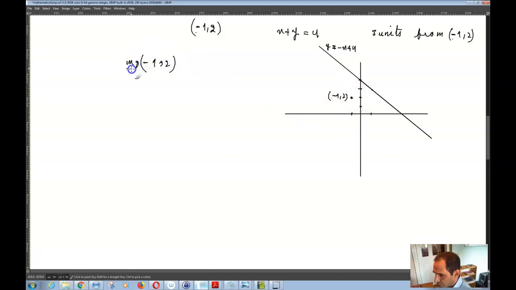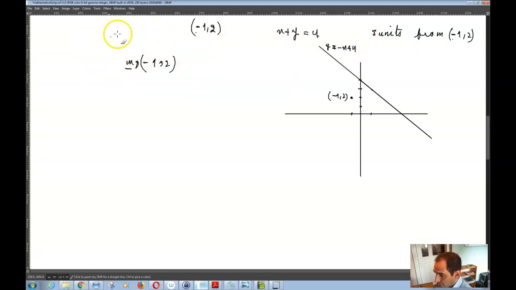So I have some slope and one point on the line. Once I have the equation of that line, I calculate the point of intersection of these two lines, and the distance between that point of intersection and this point has to be 3 units. So that's easy to do.